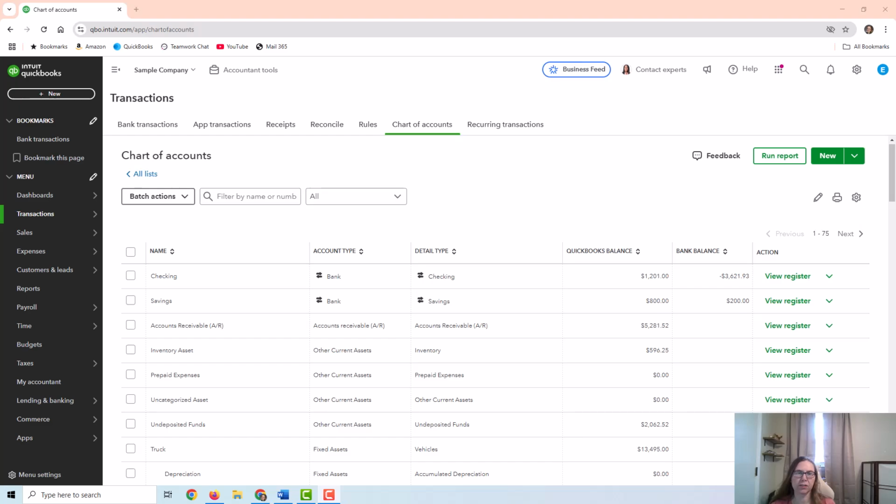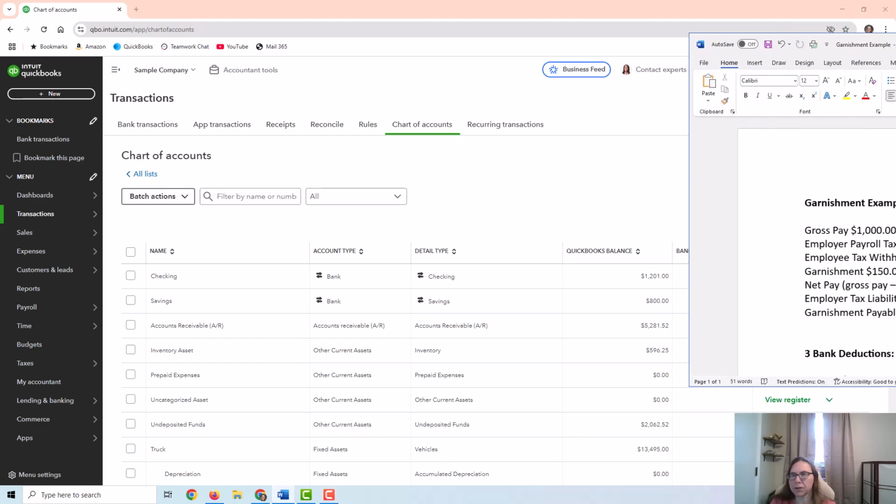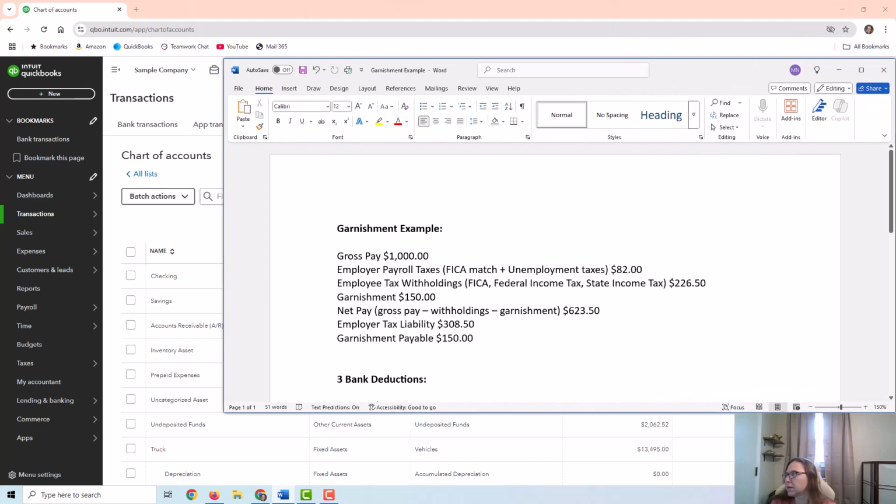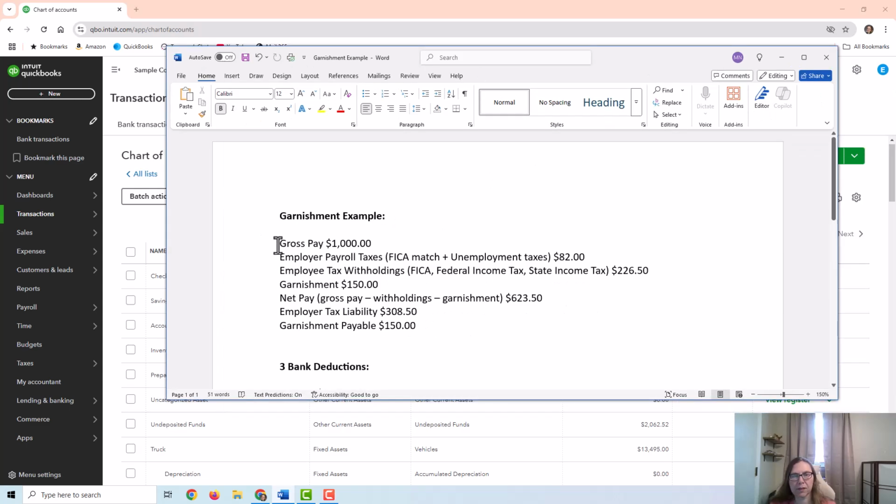Okay, now I'm over in QuickBooks in the sample company, and I'm going to walk through an example. For this example, I'm going to use this data. This employee is going to have gross pay of $1,000. The employer will have to pay some payroll taxes, which would be any FICA match and unemployment taxes.